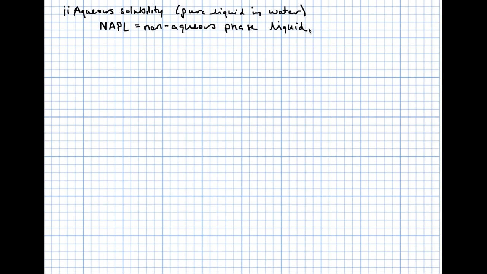And NAPLs are kind of analogous to the condition we were just talking about with, let's say we have a spill of benzene, and some of that benzene can volatilize into the gas phase. Well, if water is also present, then some of that benzene could dissolve into the water as well.